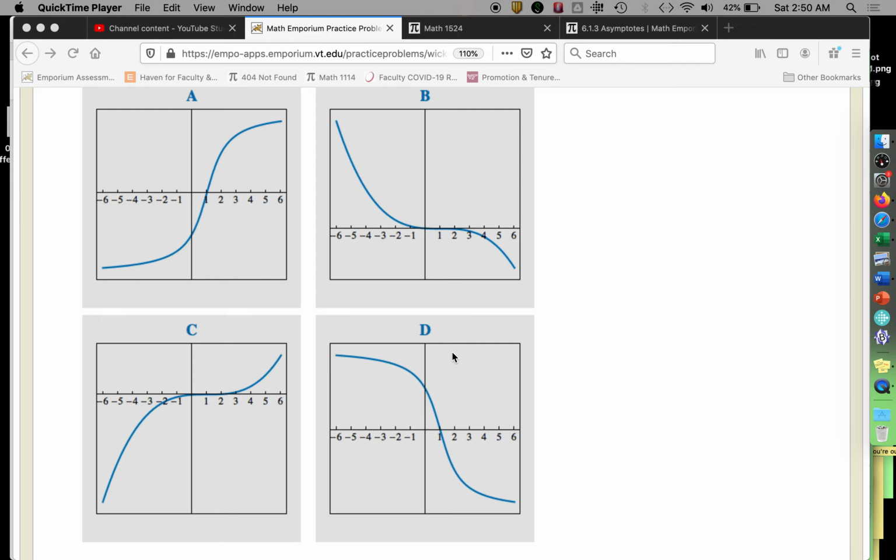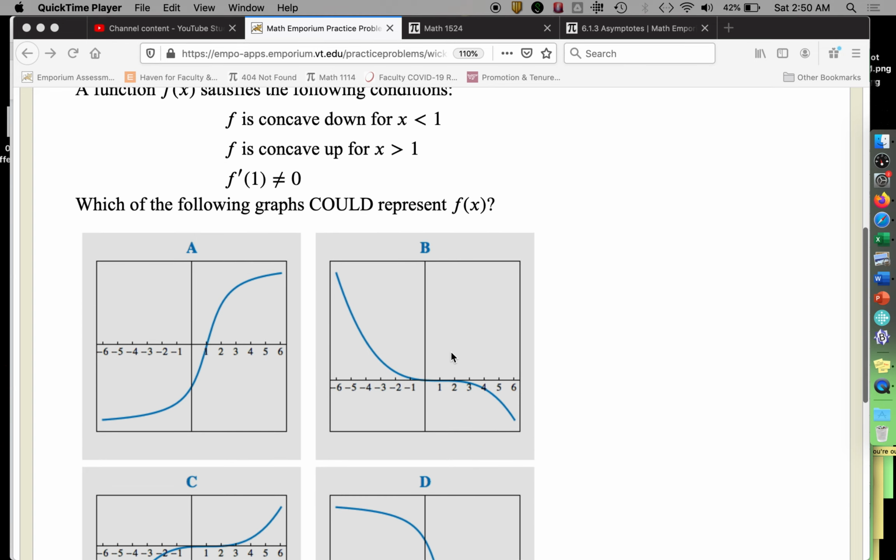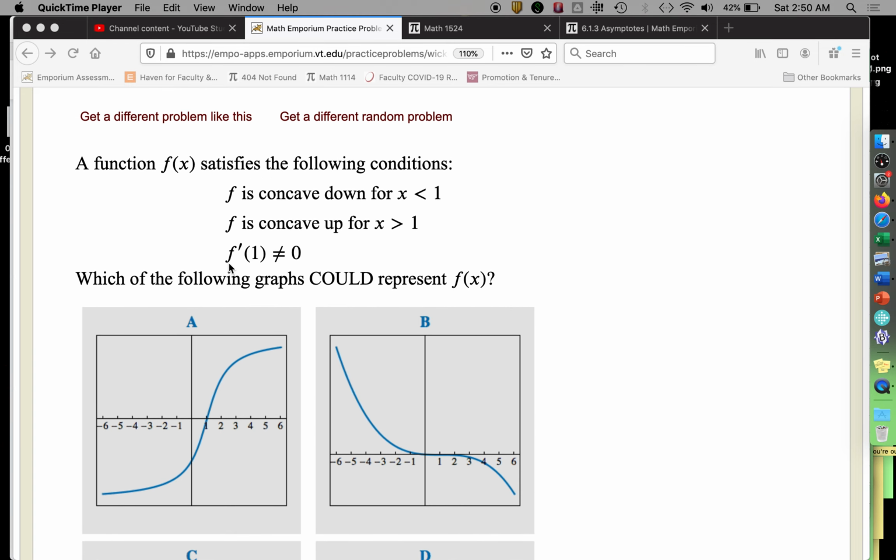Now to determine which, we need to look at that third statement. It says f prime of 1 is not 0. Okay, so f prime of 1 would mean the slope of the tangent line at x equals 1. So if it equals 0, that means it should flatten out.